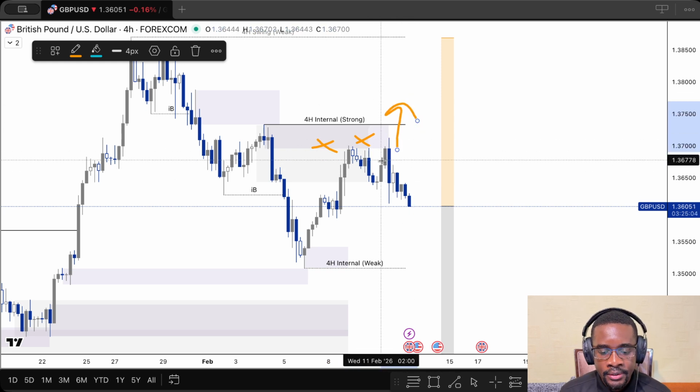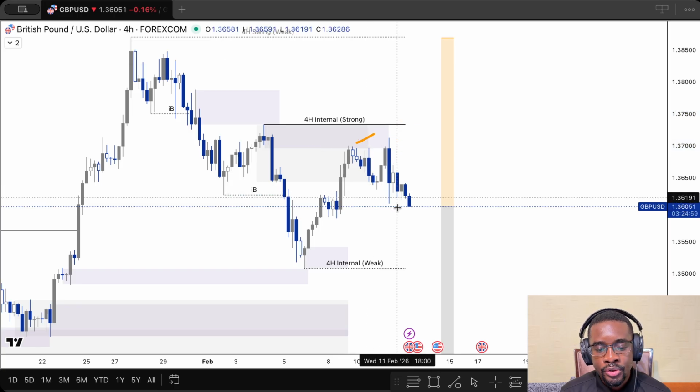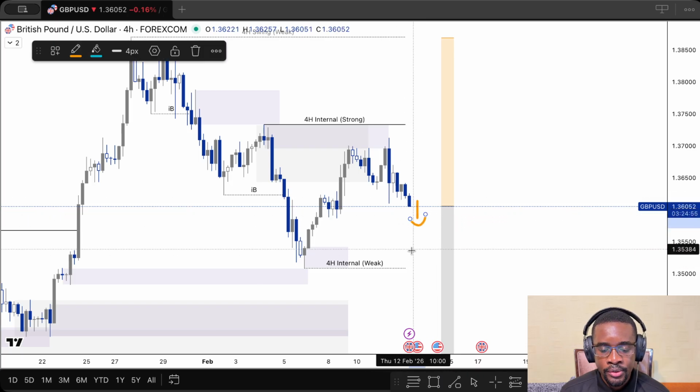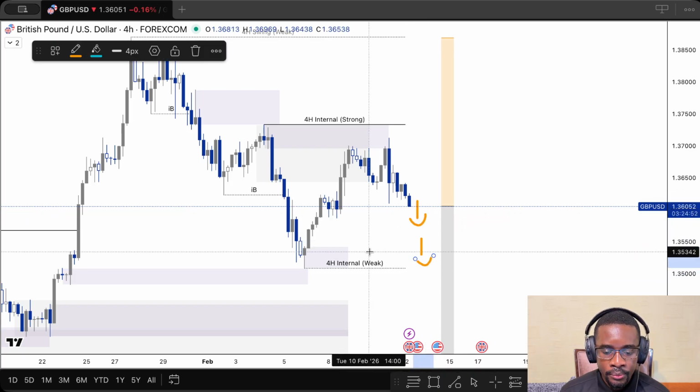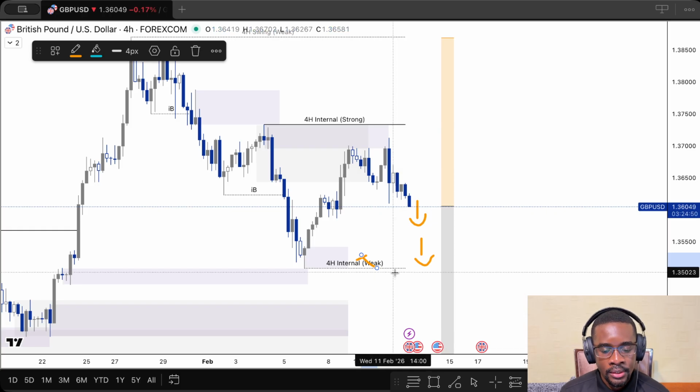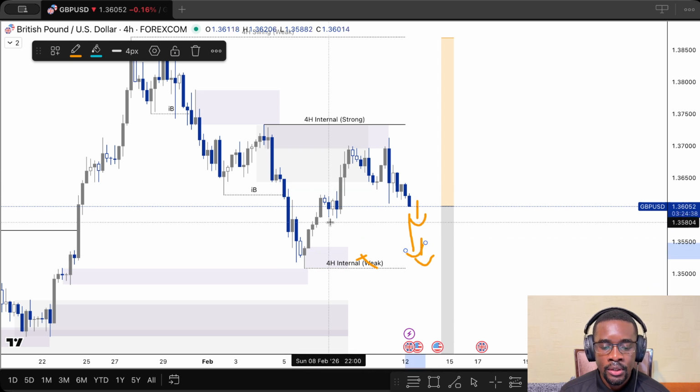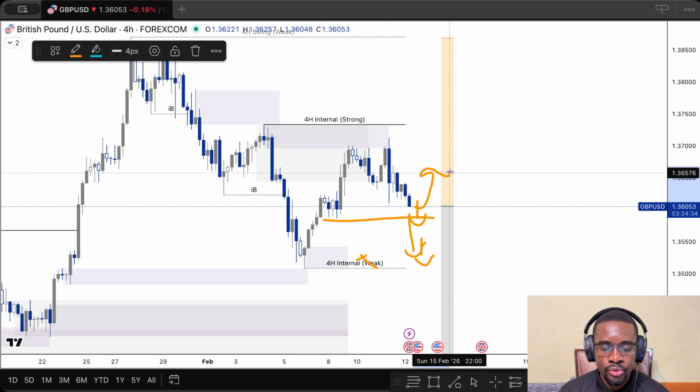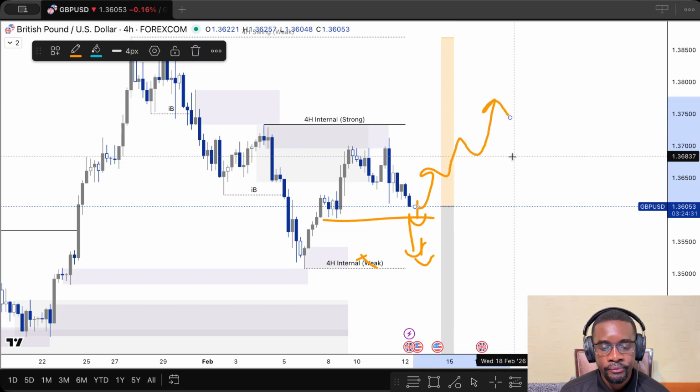But because this supply is still holding and it's actually gone on to make a lower low, we may still have to see price continue lower, maybe towards this weak internal low. So that could happen today, and because today we have GDP, that could just push price lower, or that could just allow price to come down and sweep these lows and then switch bullish. Anything is possible.